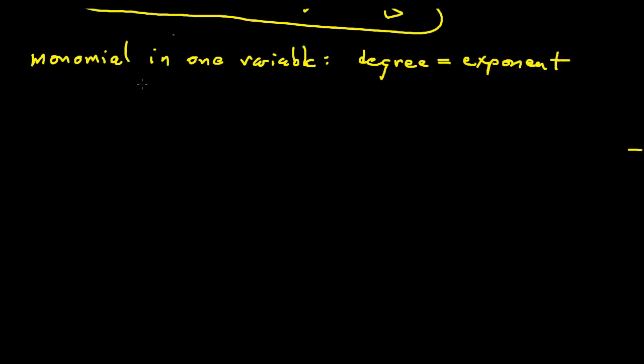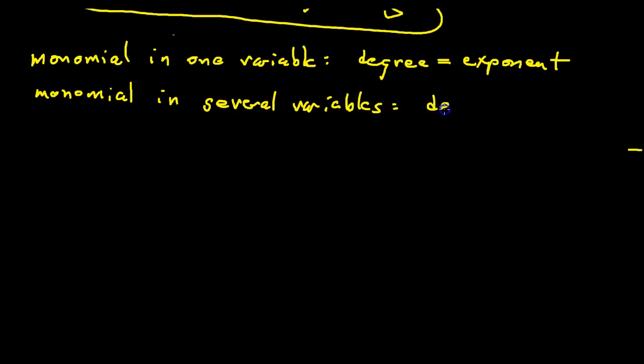If you've got a monomial in several variables, the degree is the sum of the exponents.